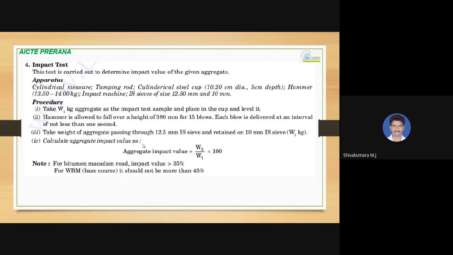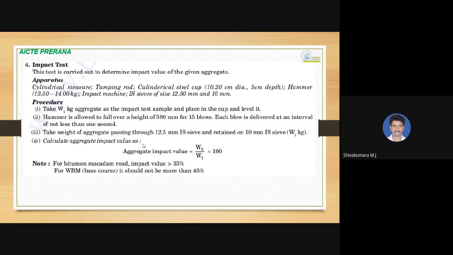Place these filled aggregates inside the cylindrical cup below the hammer, and filling also should be in standard manner. In 3 layers we have to pour the aggregates, and each layer we have to give 25 blows, that is tamping, and then level the surface of aggregates and place it below the hammer.